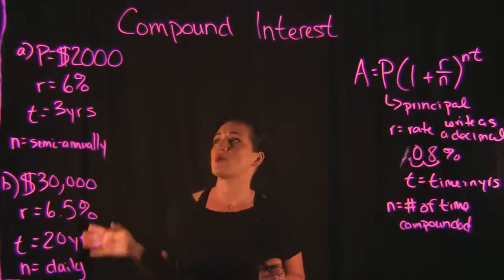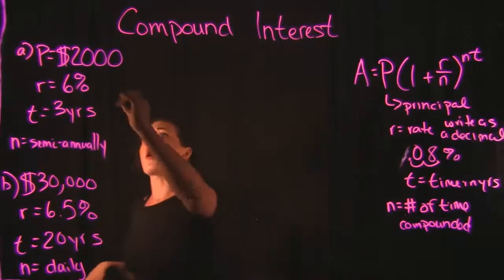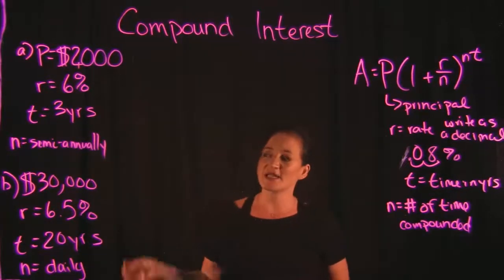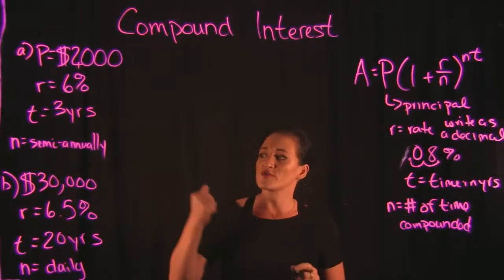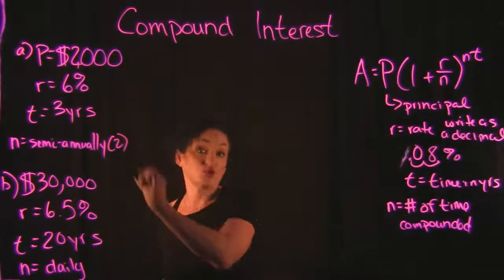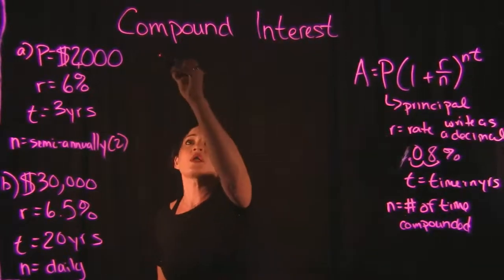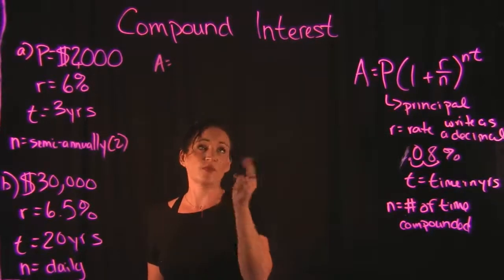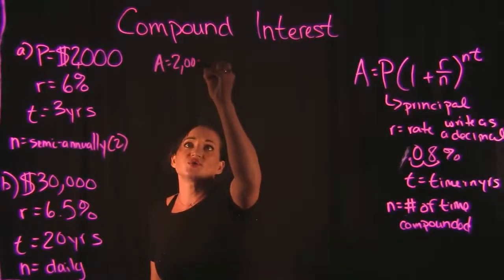So let's start with example A. That one says that our principal is $2,000 at a 6% interest rate for 3 years, and it's compounded semi-annually, which means 2 times. So we are looking to find A in this formula. So our principal is $2,000.